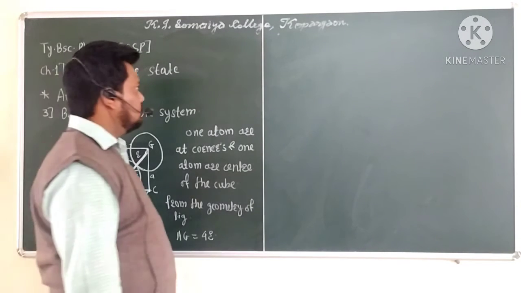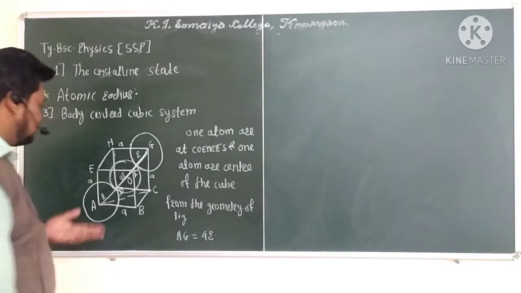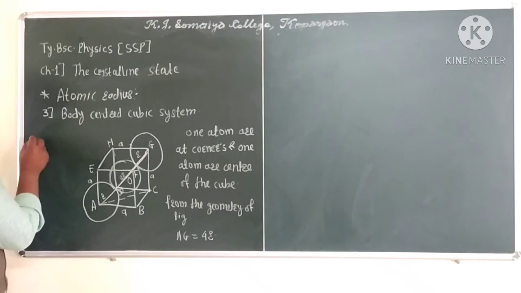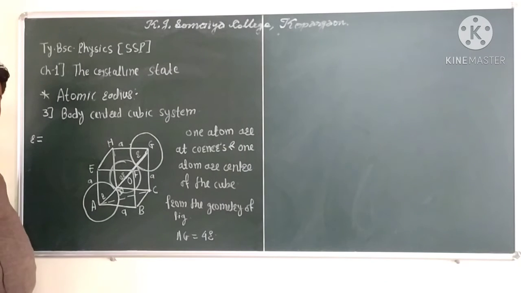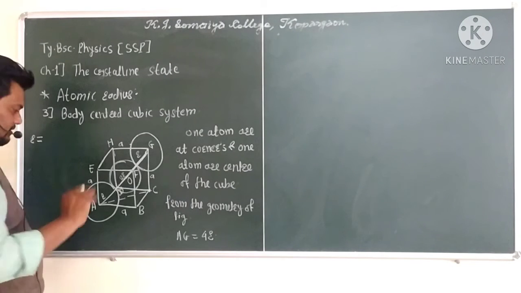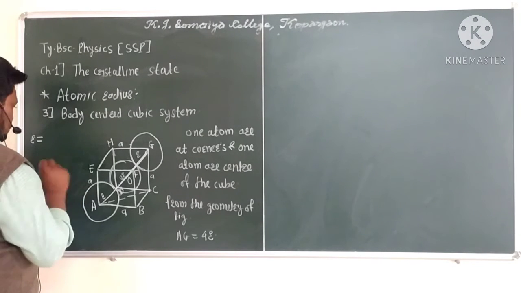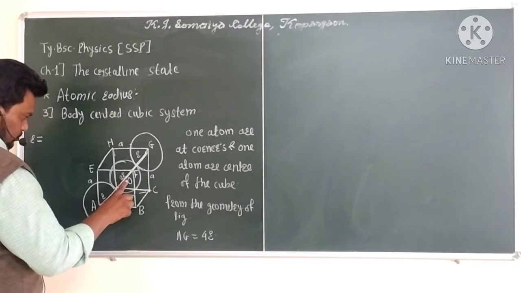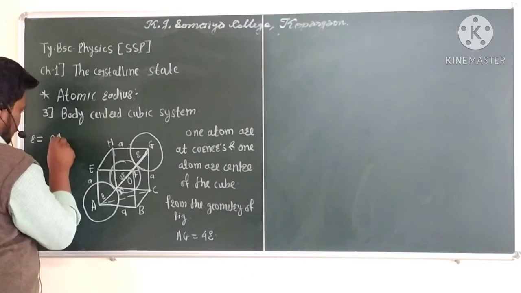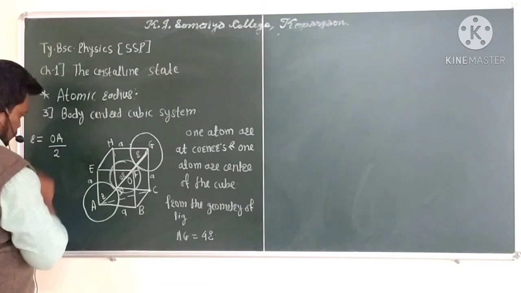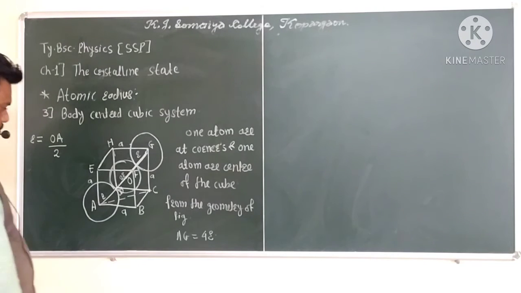And according to the definition of the atomic radius, R is equal to half of the distance between two neighboring atoms, which is OA divided by 2.